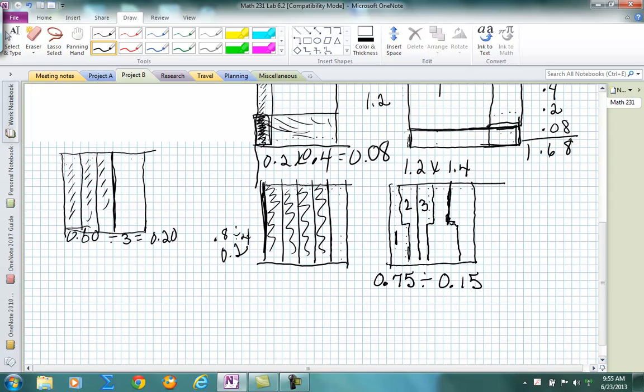And 10 and 5 is 4. And 10 and 5 is 5. So I would be able to take 5 15-hundredths sections out of 75 hundredths.